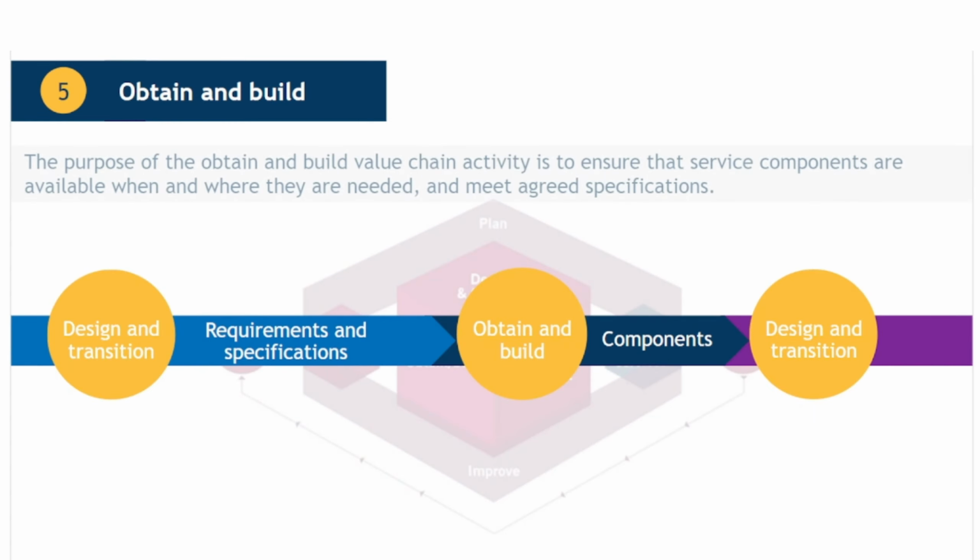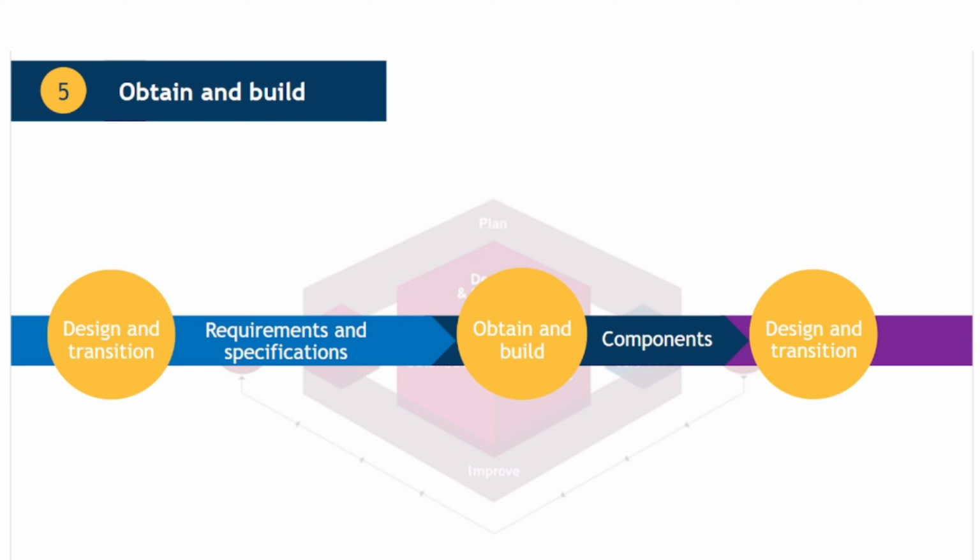The purpose of the Obtain and Build value chain activity is to ensure that service components are available when and where they are needed and meet agreed specifications. All new resources are obtained through Obtain and Build. Design and Transition is responsible for documenting the requirements and specifications for service components, which will be inputs to the Obtain and Build activity.